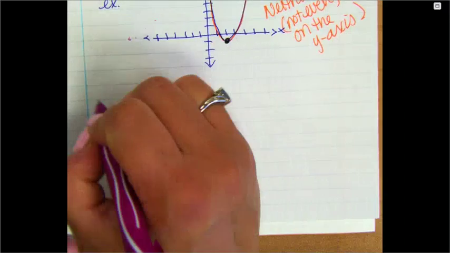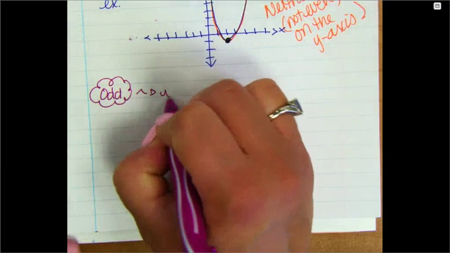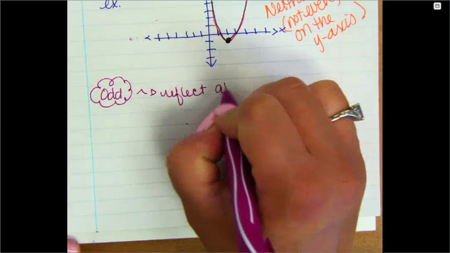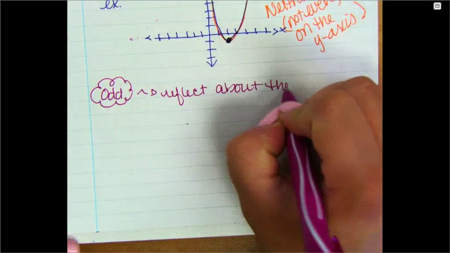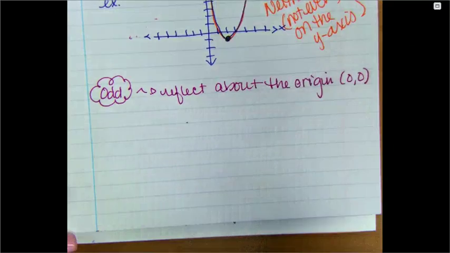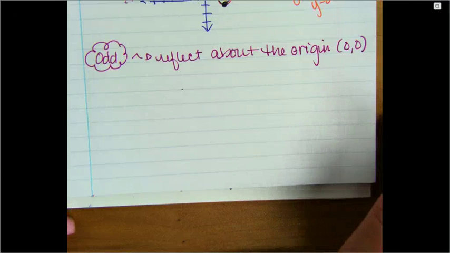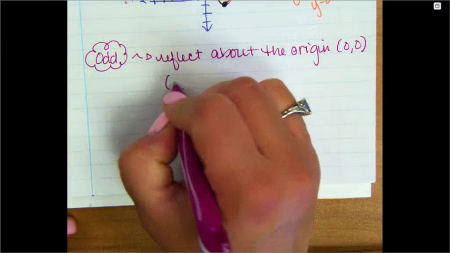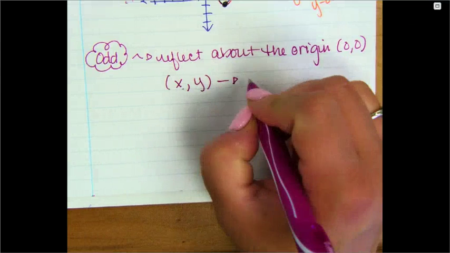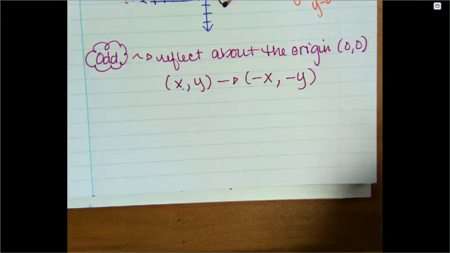So let's talk about odd. This one you reflect about the origin, which is 0, 0. This one says x comma y changes to negative x, negative y.